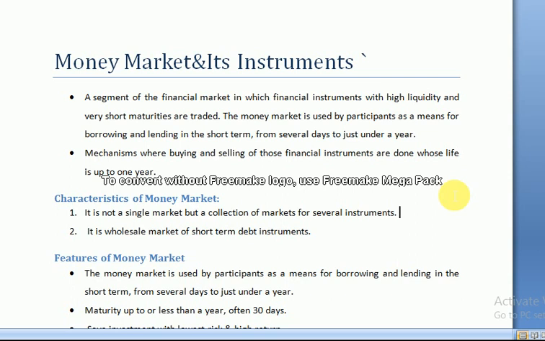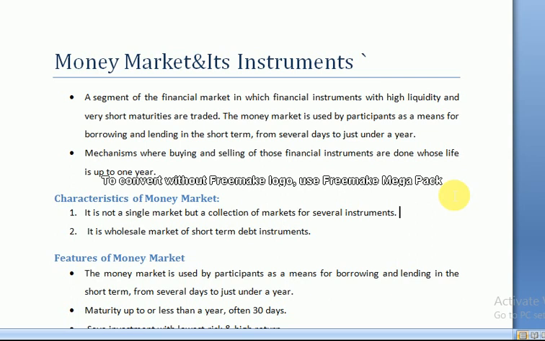For instance, the commercial papers will be safe only when the company which issues them is financially strong and has a good reputation in the markets.